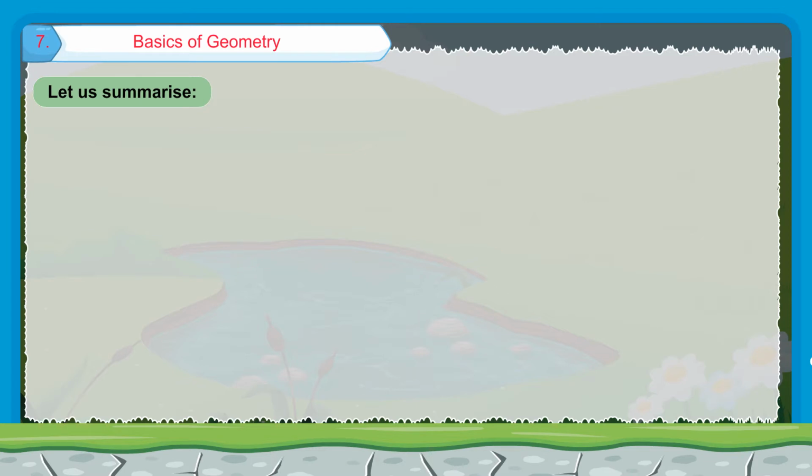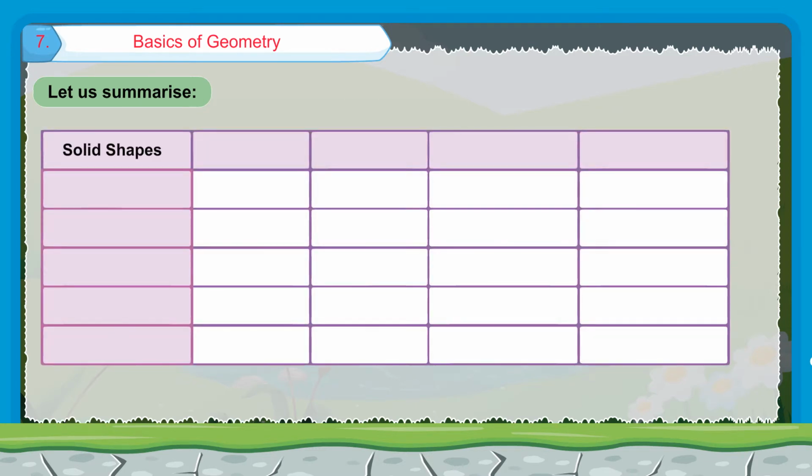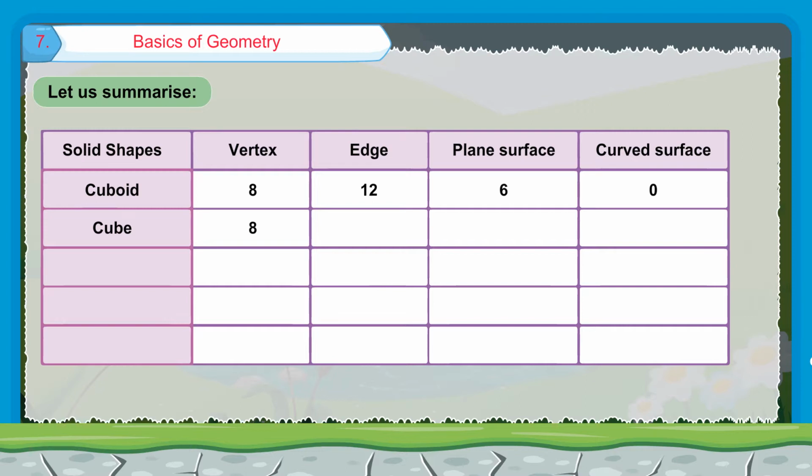Let us summarize. Solid shapes: vertex, edge, plane surface, curved surface. Cuboid: 8, 12, 6, 0. Cube: 8, 12, 6, 0.